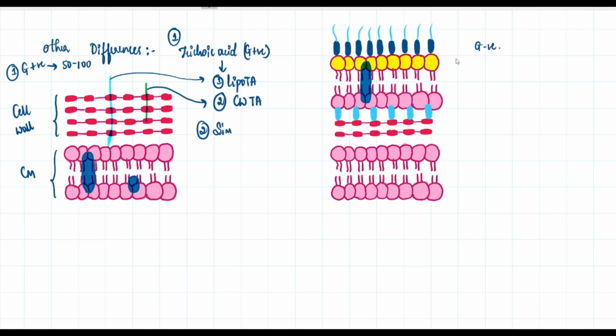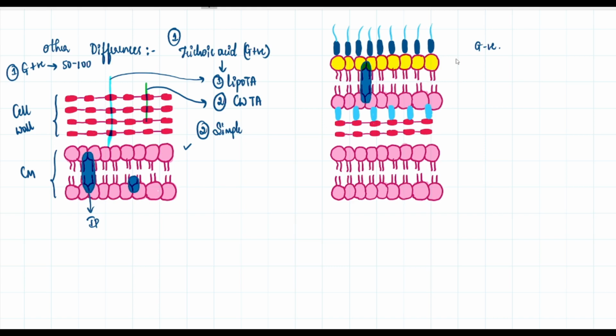If you compare these two, this one is simple. You can see this is the integral protein or transmembrane protein. Many proteins are present similar to humans, but the only difference is teichoic acid, and it is simple in nature.